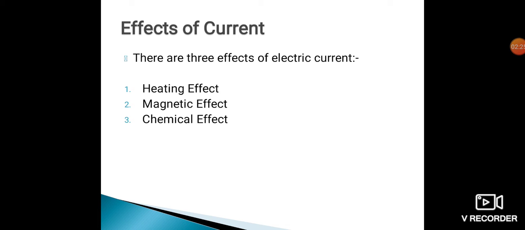The first effect is heating effect, the second is magnetic effect, and the third is chemical effect. These 3 effects occur because of electric current. We will see one by one how they are produced using the electric current.